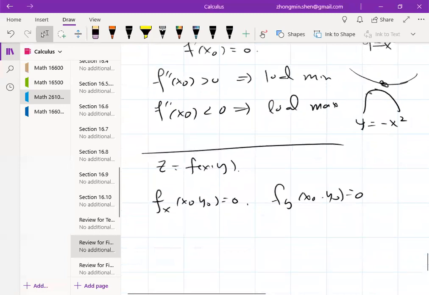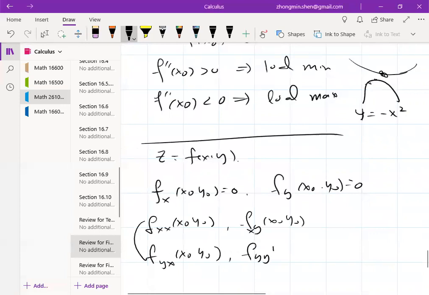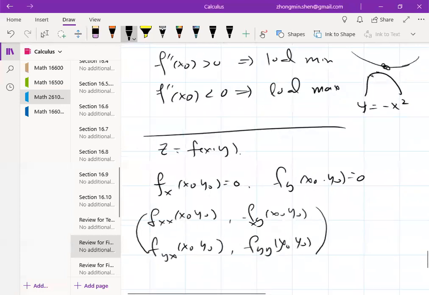So the idea is you look at the matrix: the second derivatives form a matrix instead of just one single function. Second derivative will be like this. Those who took Math 171 should find it easier to understand the matrix.